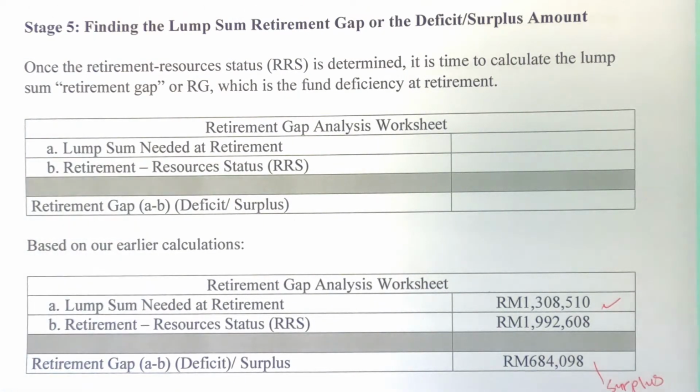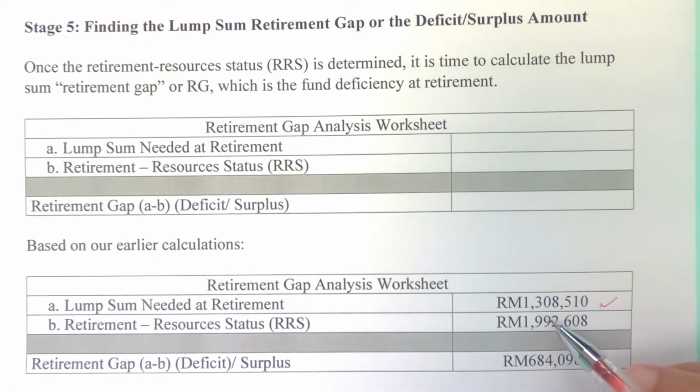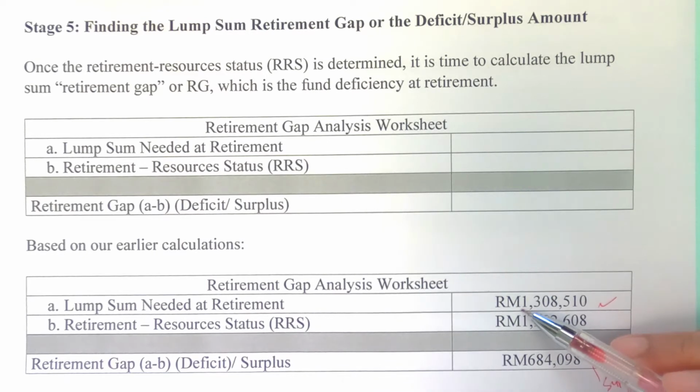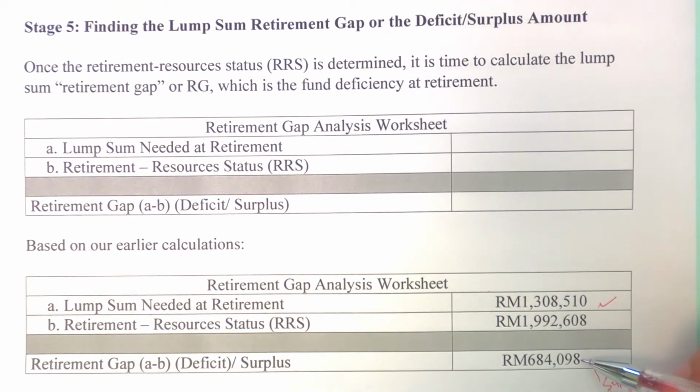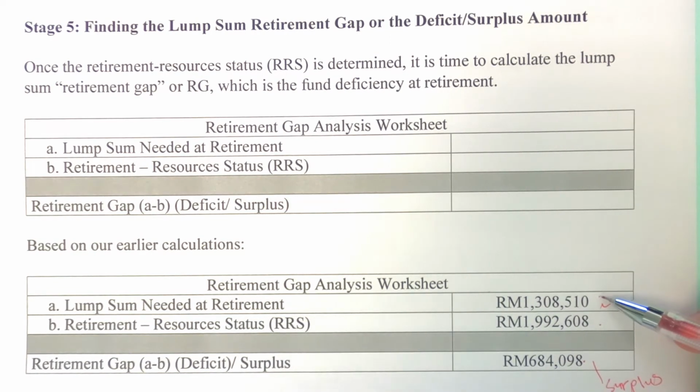Which means once they reach retirement, the lump sum needed at retirement is about 1.3 million, but the resources are much higher than that, at 1.9 million. In this case, we call it a surplus because the RRS is higher than the lump sum needed at retirement.